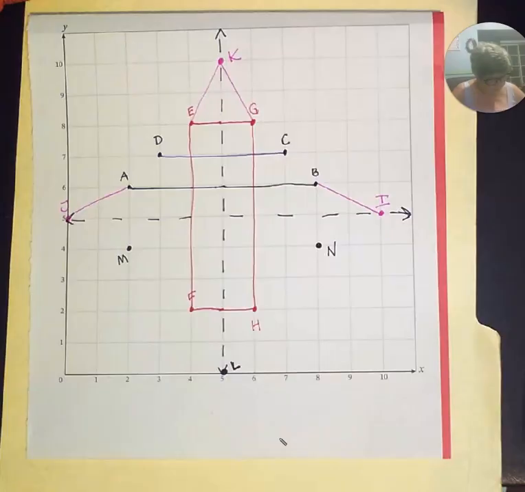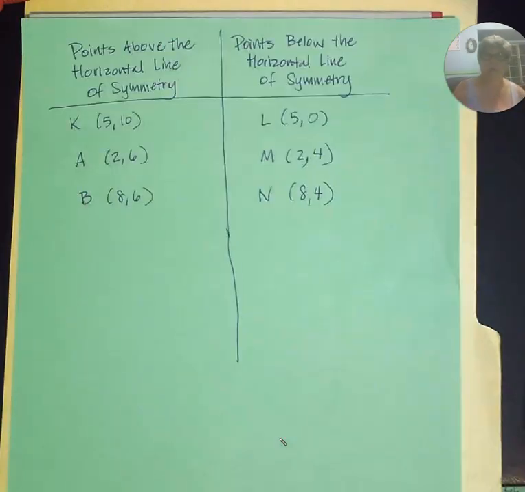All right. How many units? We already said 1 above, 1 below. And let's look at a chart. Now we have above horizontal line of symmetry and below horizontal line of symmetry. And what do you notice? Now your x's are the same, right?